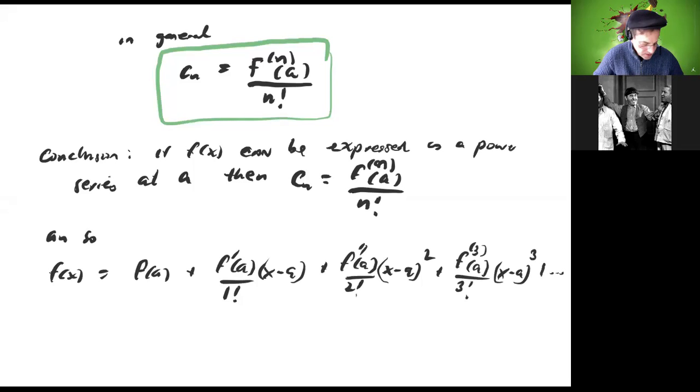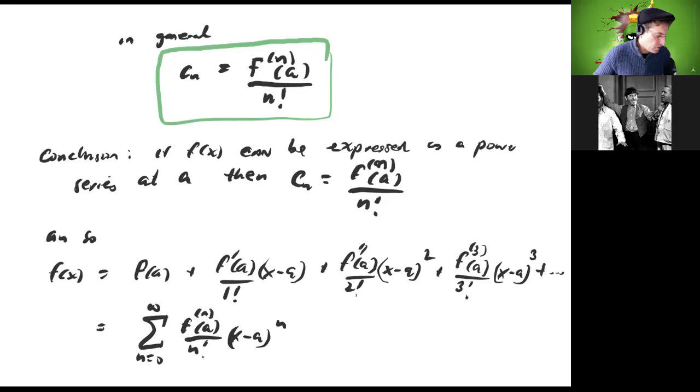In other words, we can write this in sigma notation as the sum n goes from 0 to infinity of the nth derivative of f evaluated at a over n factorial times (x minus a) to the nth power.